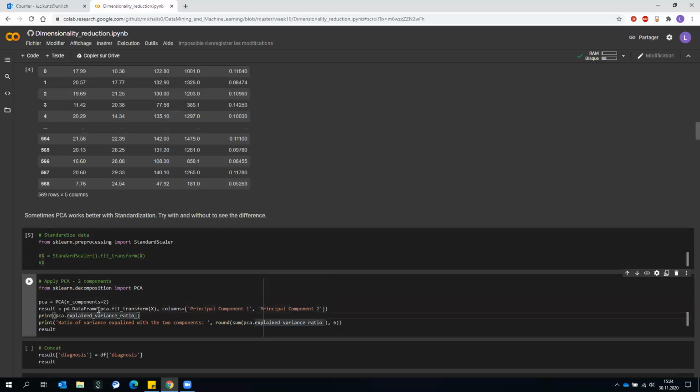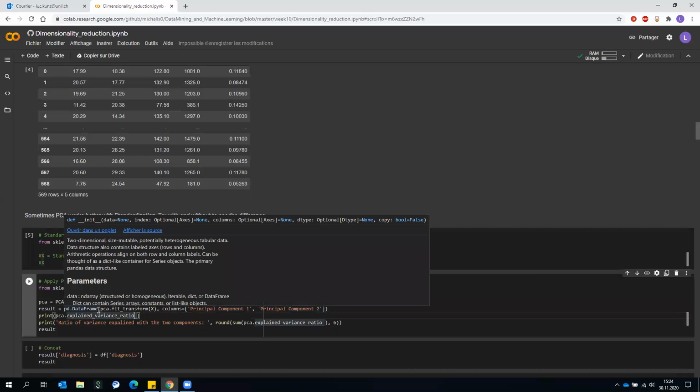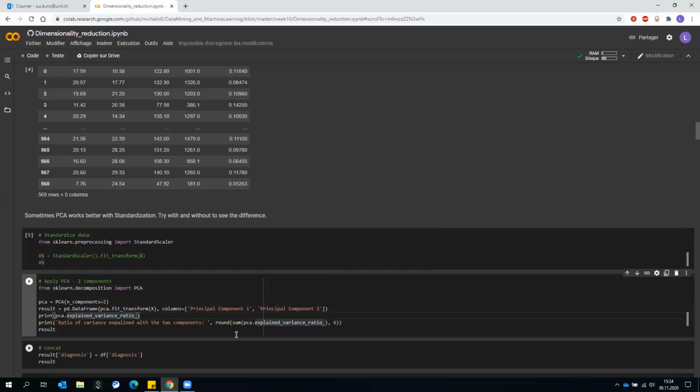This means how many percent each component takes into account from the total variance of the data. And then I do the sum of it, and the closer the sum is to 1, the less variance is lost, so the better it is.